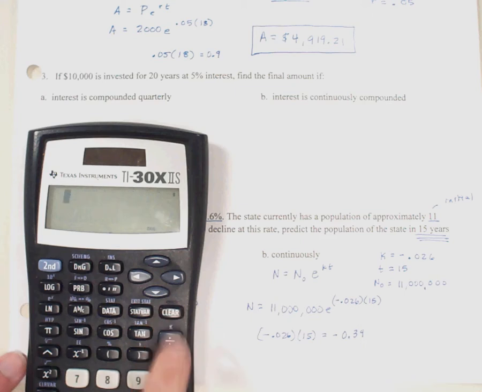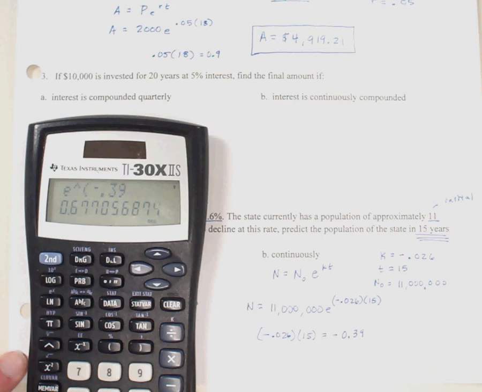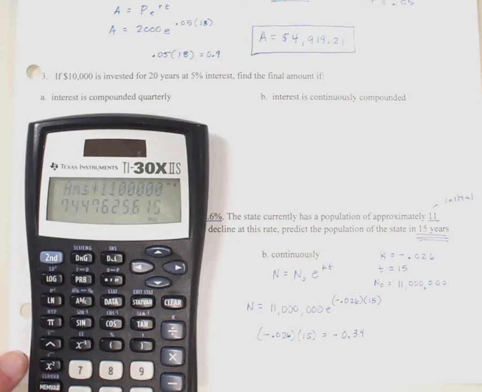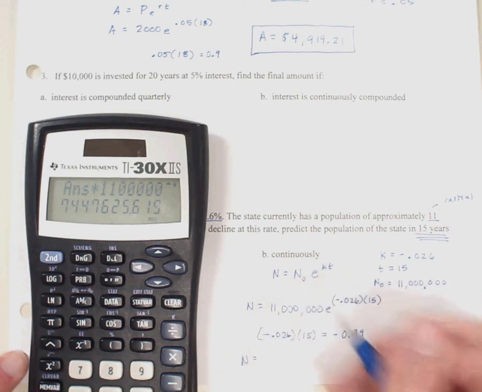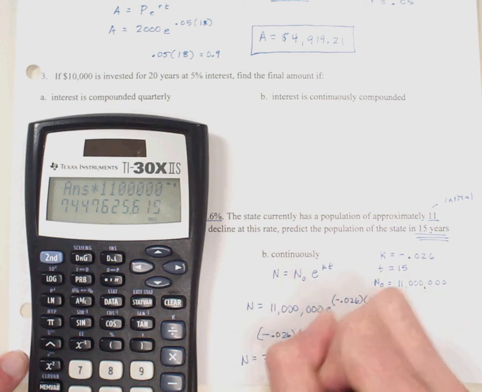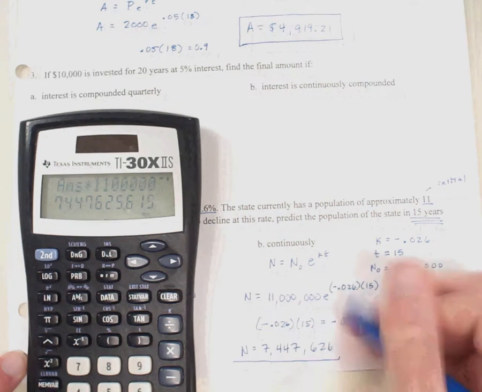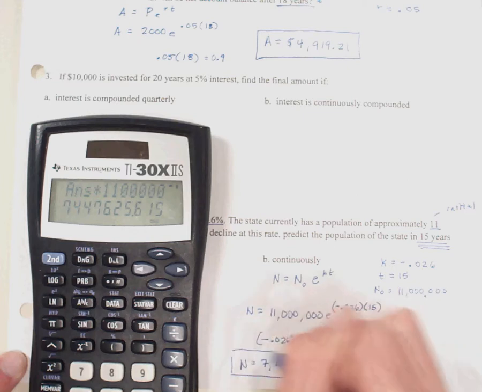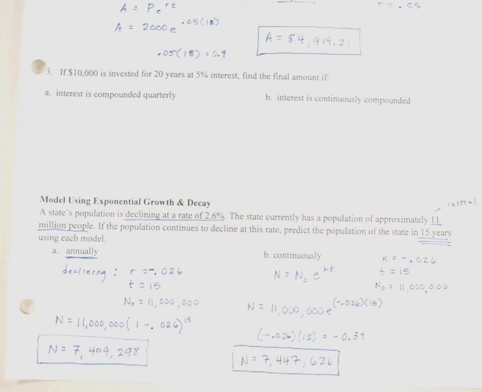So I have e to the negative 0.39 power, and I'm going to multiply that by 11 million. And we get 7,447,626. So when we have continuous exponential decay, we will have a few more people remaining after 15 years compared to when we compounded it just annually.